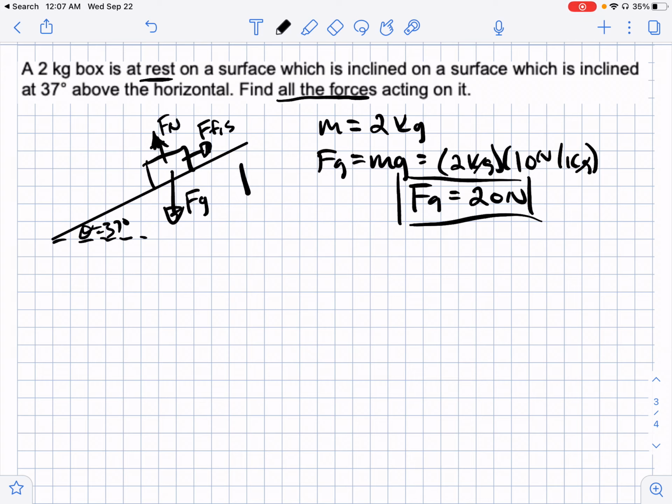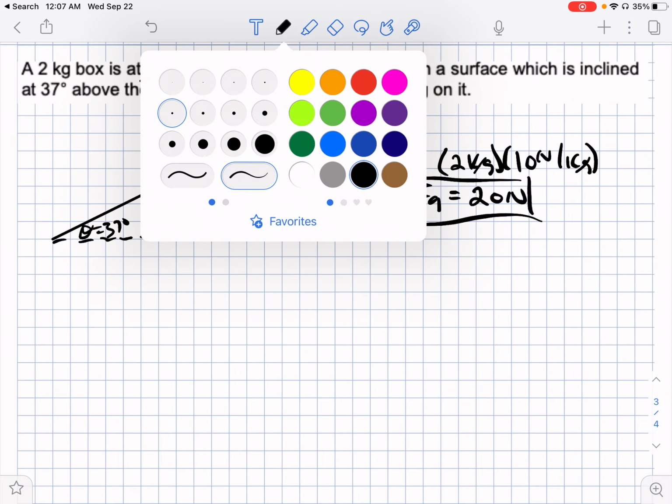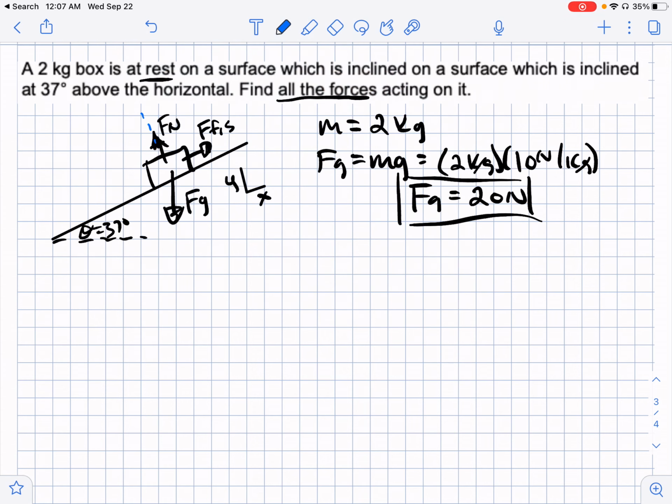So to do this, let's start out by making our net force equations. So again, my y is going to be like this, and my x is going to be like this. We're going to shift our axes. So I'll draw in some dotted lines here. So that's going to be your y, and then your x.